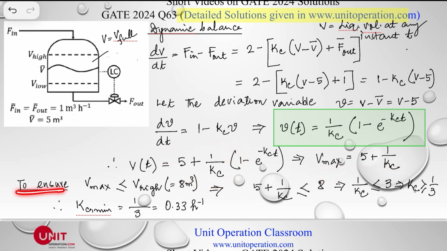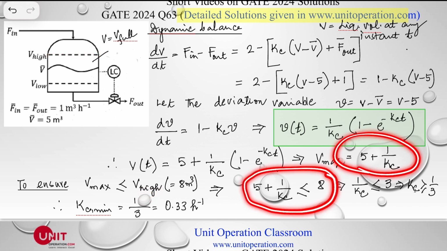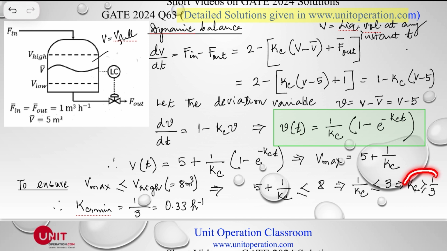To ensure that V max is always less than V high, which is 8 meter cube, we can write 5 plus 1 over Kc should always be less than or equal to 8, and when you do the calculation, Kc should be always greater than or equal to 1/3. So the minimum value of Kc should be 1/3, that's equal to 0.33 per hour. So that is the answer.